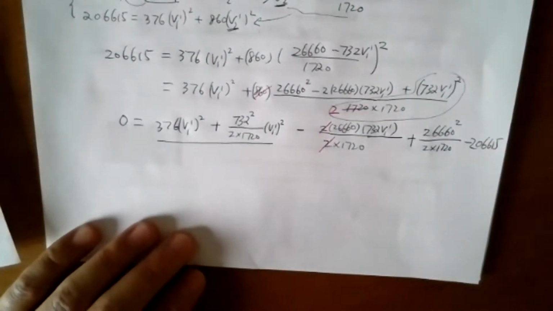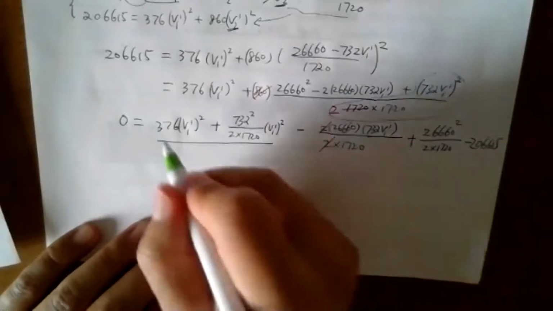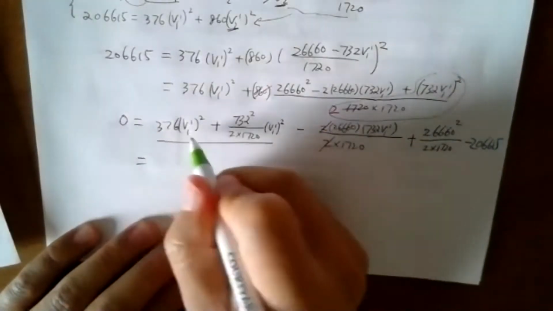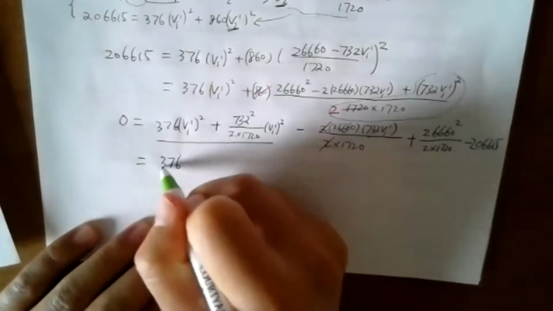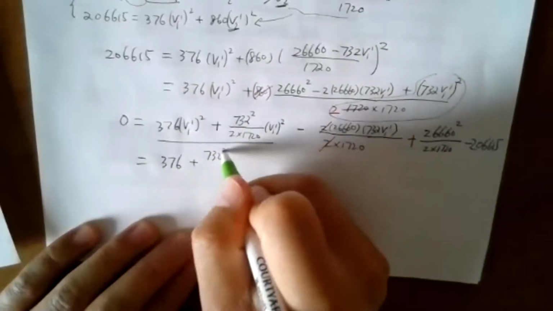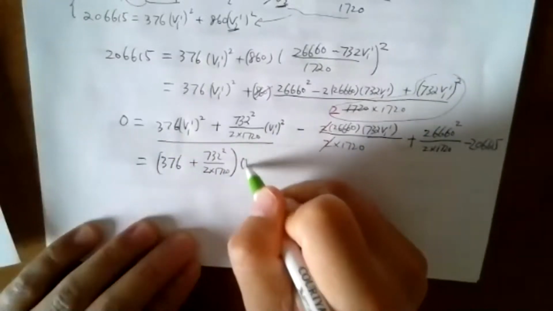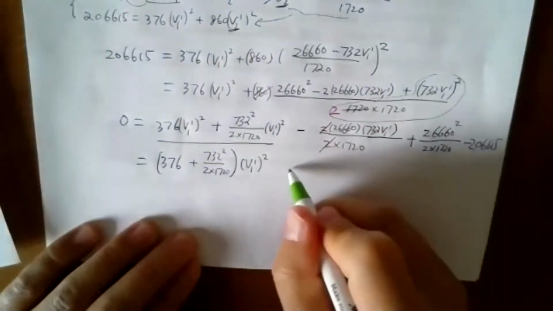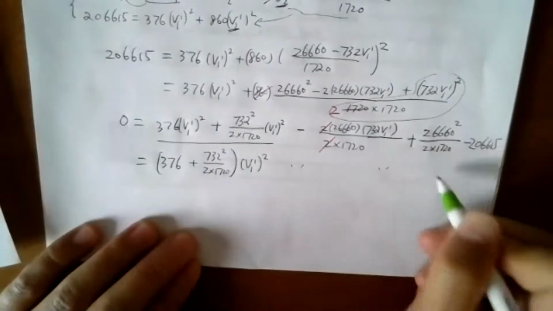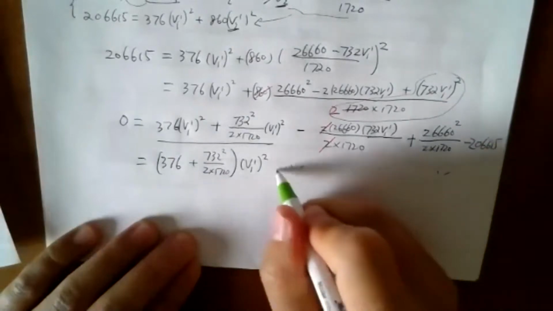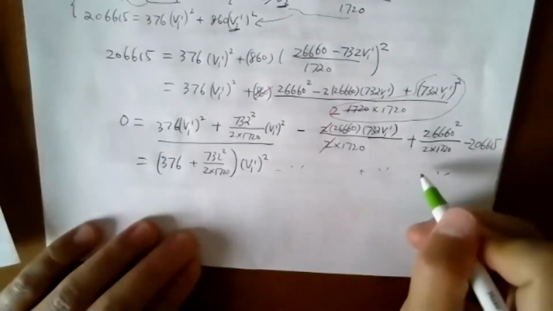Now if you combine these two together, 376 plus 732 square divided by 2 times 1720, times V1 prime square, the rest 3 terms should remain.